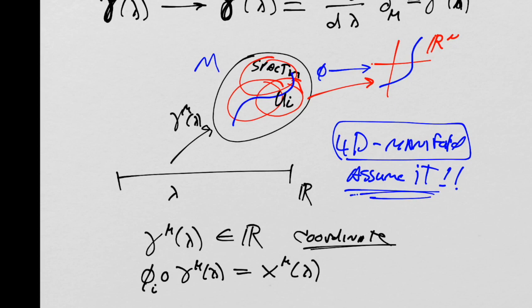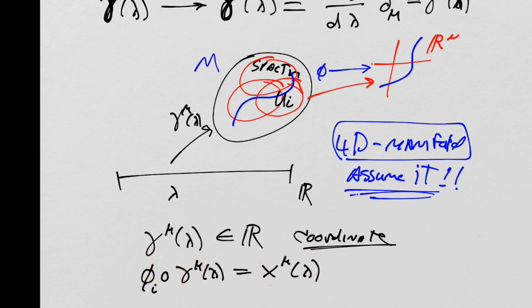So if I took this picture completely literally, I would have to say I have a map from the real numbers into the space-time, and then a chart from the space-time into the coordinates. If I call this the map into the space-time, then the coordinates that I'm going to actually work with have to be the chart after the map.